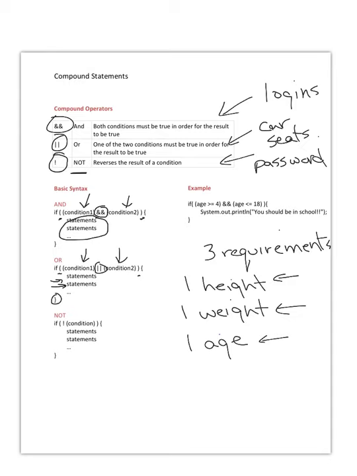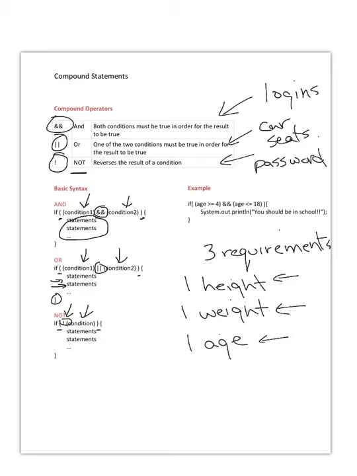And then it's the same thing with a not statement. There's a bracket here and a bracket here that opens up the if statement, but the condition itself is also in its separate bracket, and there's the not that reverses the result. So if this condition returned true, then this whole statement would end up returning false because of the reverse that happens here.